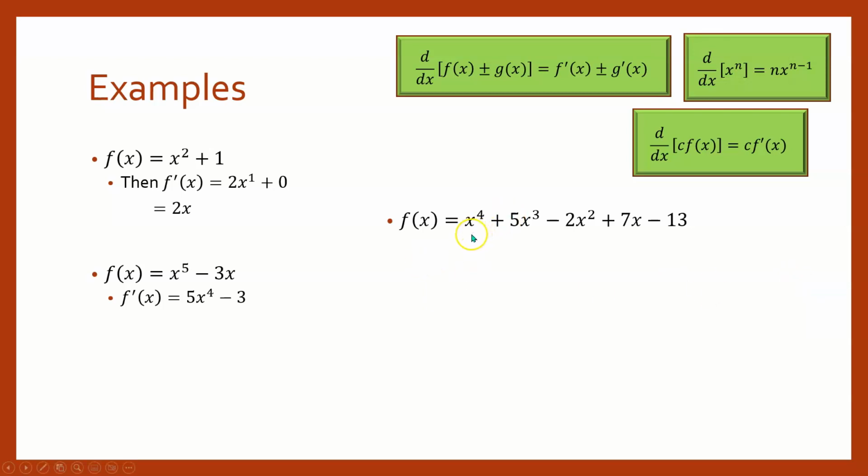The derivative of that whole thing should be the derivative of x to the fourth, which is 4x to the third, plus the derivative of 5x to the third, which would be 5 times 3, or 15, times x to the 2 power, minus the derivative of 2x squared, which would be 2 times 2x to the 1, so 4x, plus the derivative of 7x, which would be 7, because it's 7 times the derivative of x, minus the derivative of 13, which is 0, because the derivative of a constant is 0.